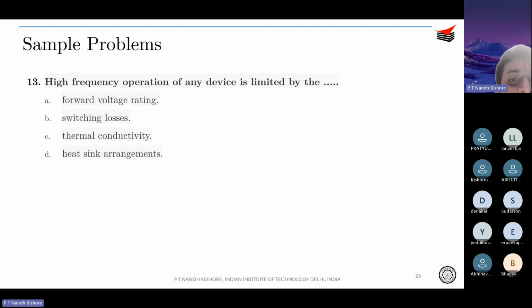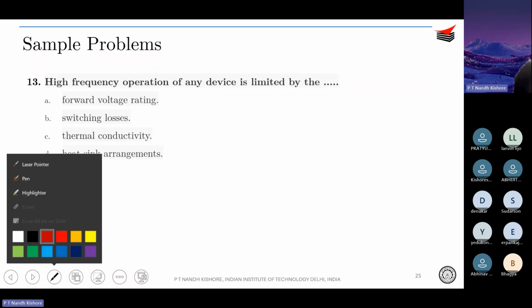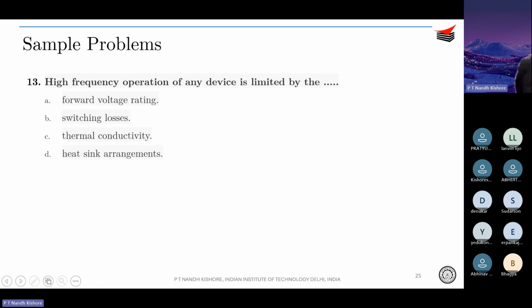High frequency operation of any device is limited by forward voltage rating, switching loss, thermal conductivity, and heat sink arrangement. So what happens when you turn on and turn off?